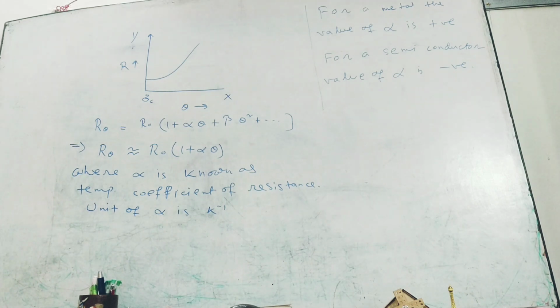Resistance of a wire also varies with light, pressure, and magnetic field. In the case of selenium, due to the intensity of light, the resistance changes. When the intensity of light increases, the resistance of selenium decreases.